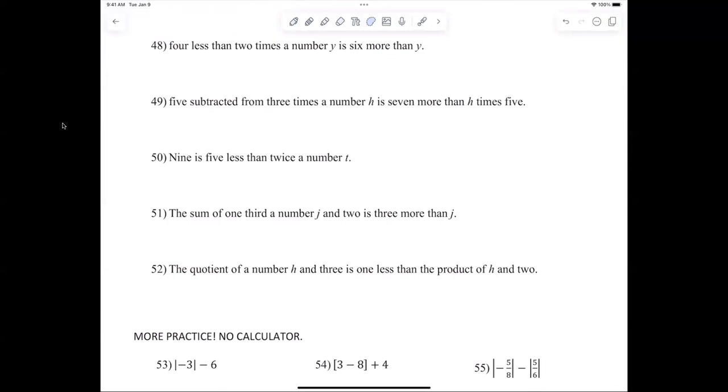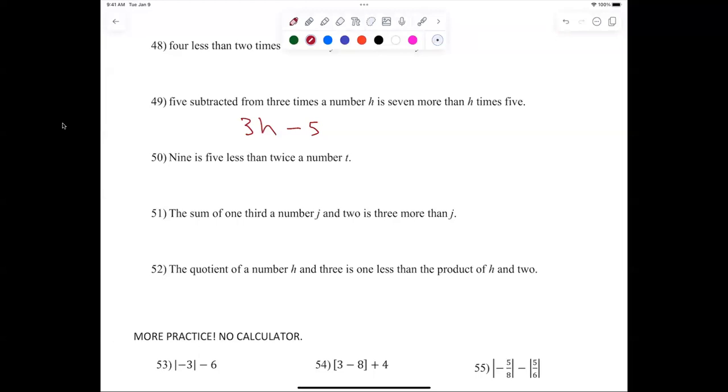5 subtracted from. So that's going to be minus 5. Minus 5. It's subtracted from what? 3 what? 3h. All right. 5 is subtracted from 3 times the number h.